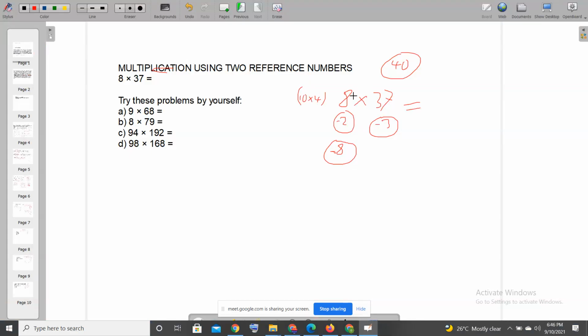So now you multiply this by the 4, and then I'll have my 8 here. The next thing that I need to do is subtract this number from the 37, because I've used this one to do this.